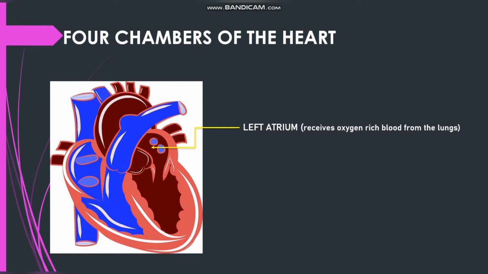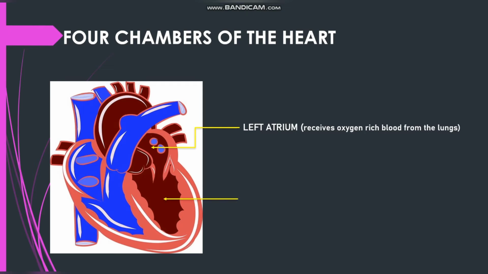What's the function of the left atrium? It receives oxygen-rich blood from the lungs. From the lungs, the oxygen-rich blood, or pure blood, goes to the left atrium, and it has to be supplied to all parts of the body.